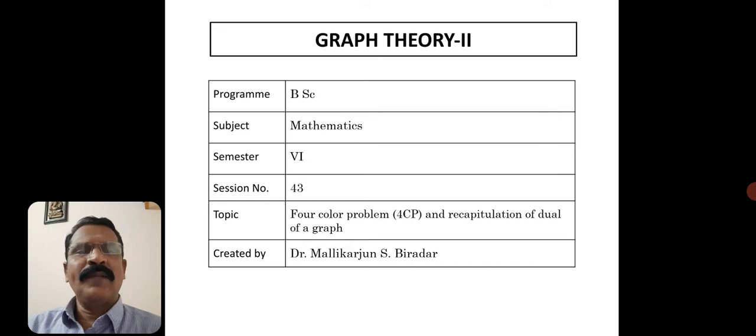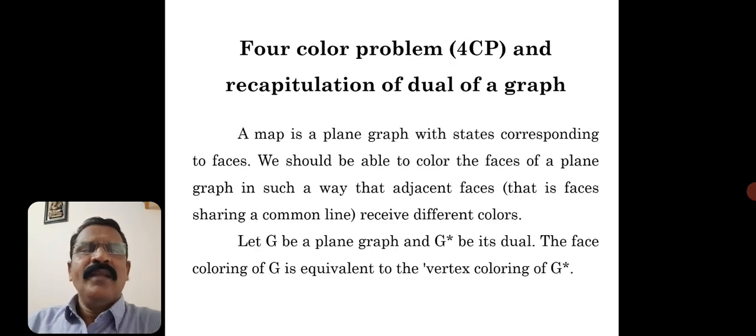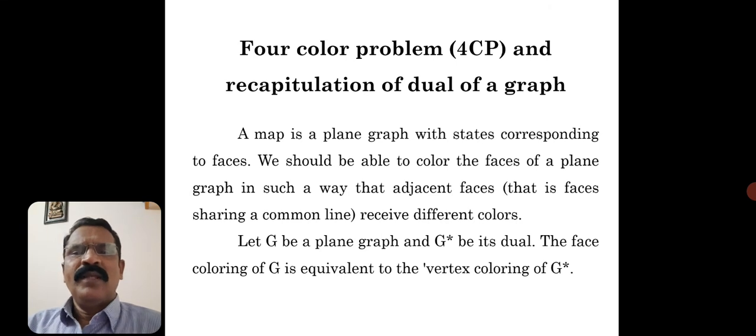What is the four color problem? Just now I told you, consider a map. What do you mean by a map? A map means the faces. Each face represents a state or a country. So the overall conclusion is that if I consider a planar graph and embed that planar graph in the plane, you will get a plane graph.